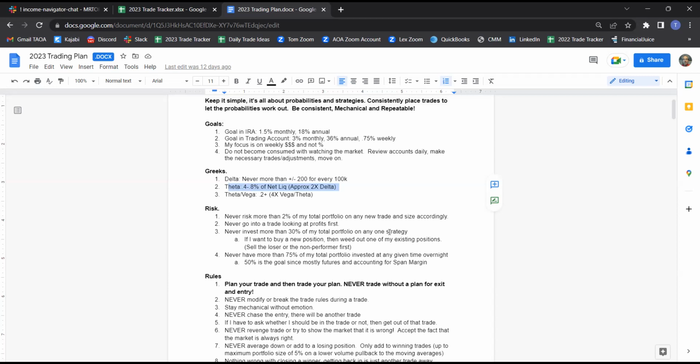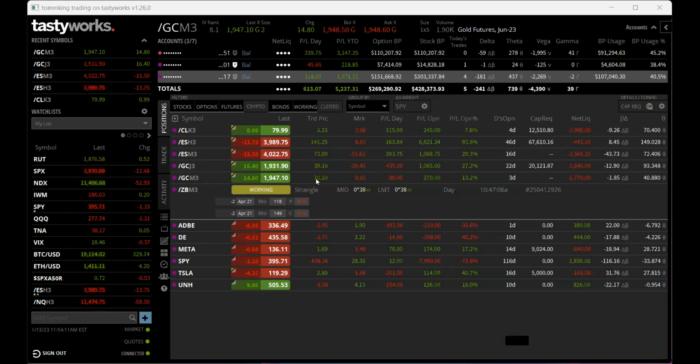So 0.4% of a $270,000 account, that's 0.4%, not 4%, but 0.4%. So that means my theta needs to be at least around $1,000. And so when I'm looking at the account here, I just want to keep it within those parameters.